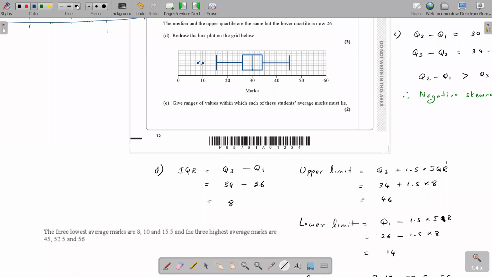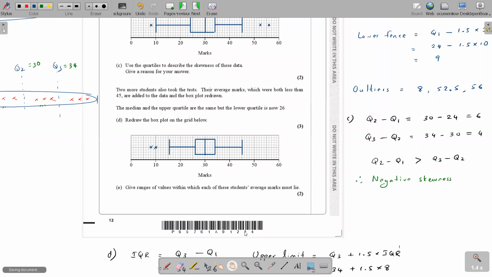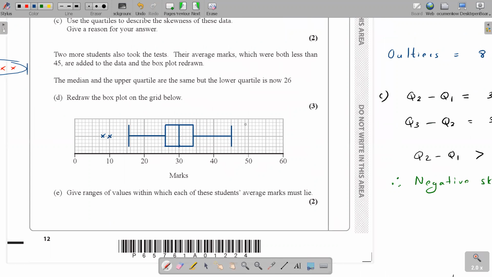And then mark the two outliers. Who are they? 52.5 and 56. Okay.